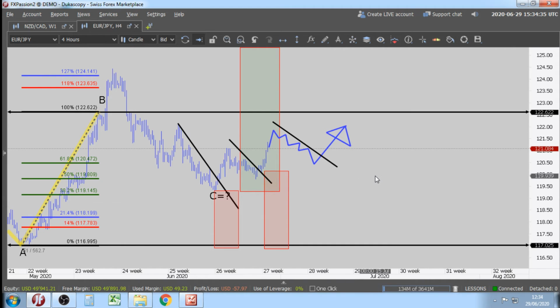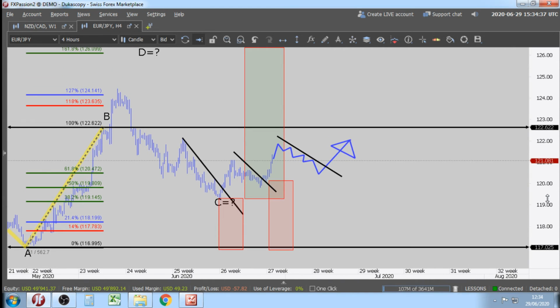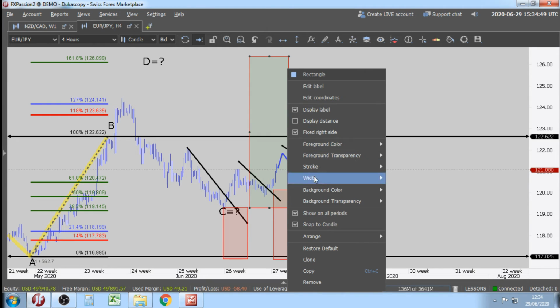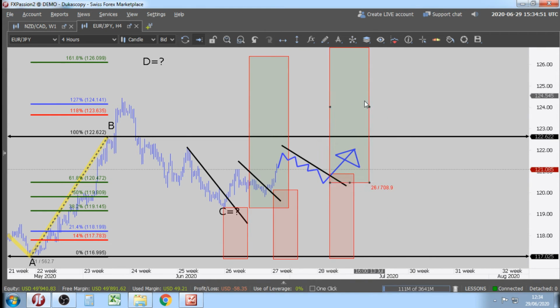But you need to address also the risk-reward ratio. So if this is going to be the example, you are going to risk 1 and go after 1.5.